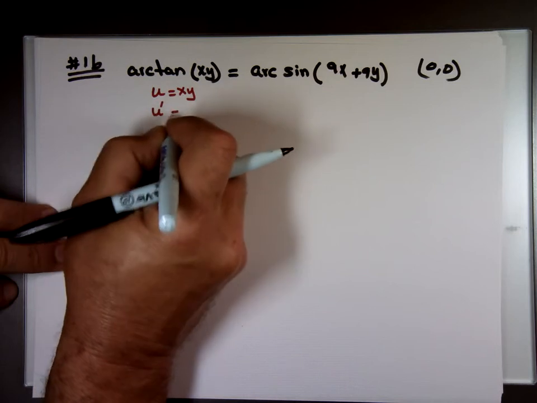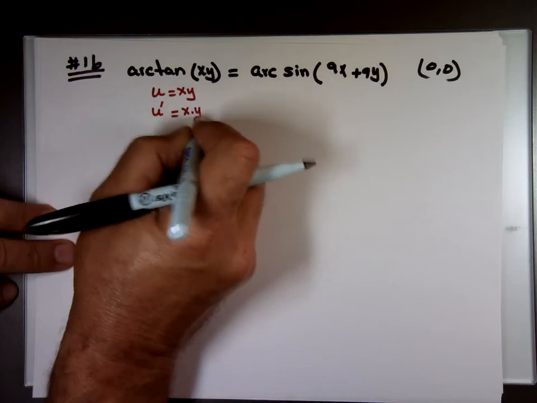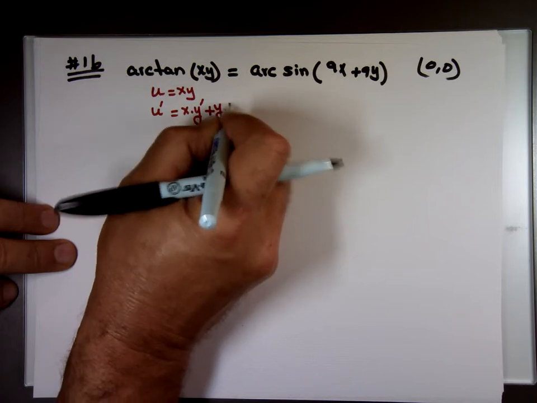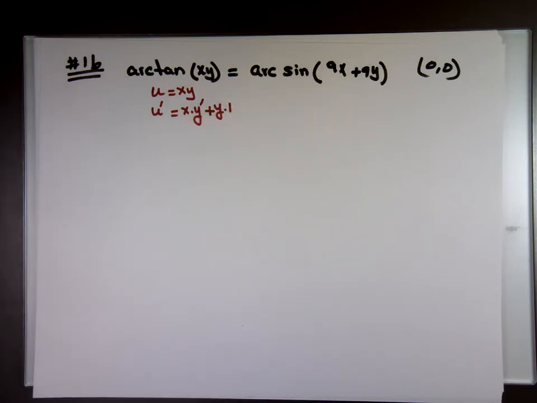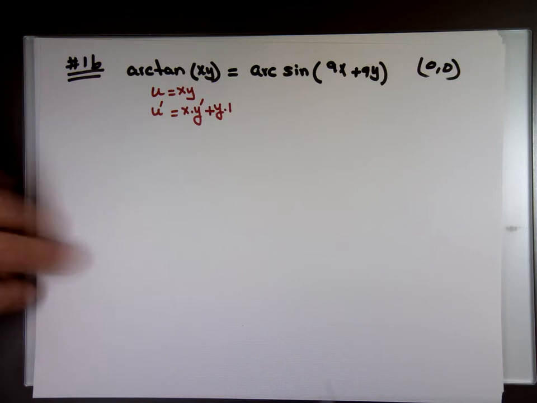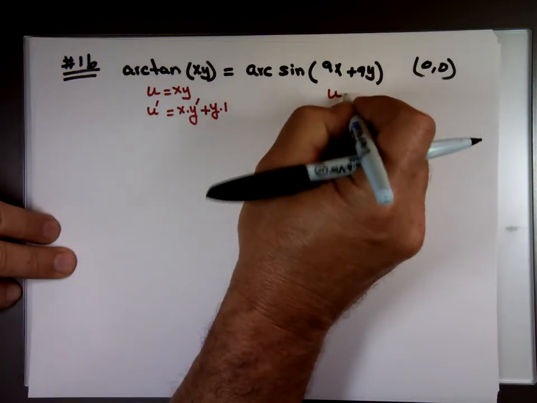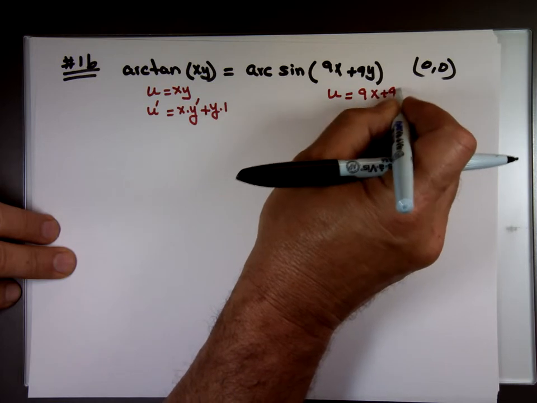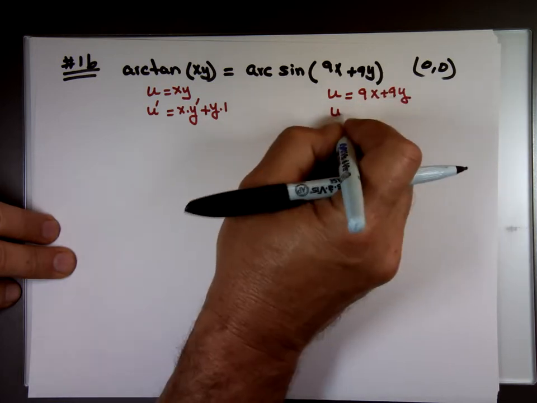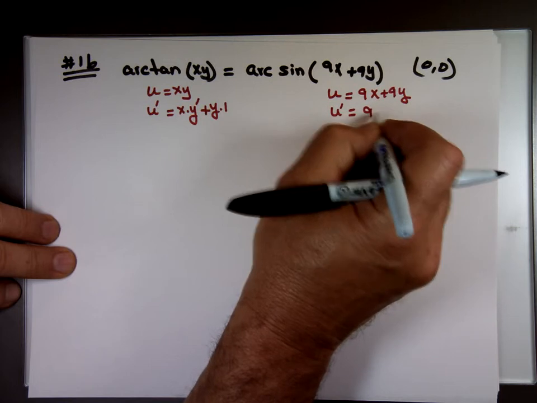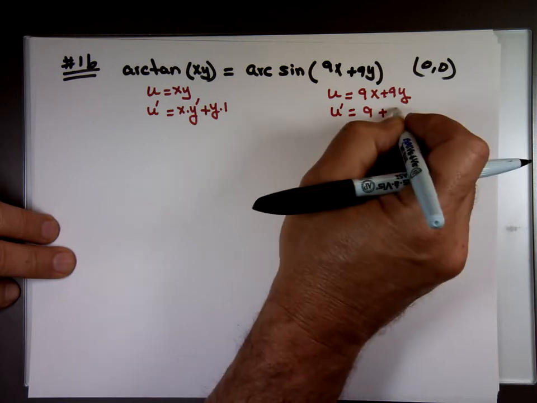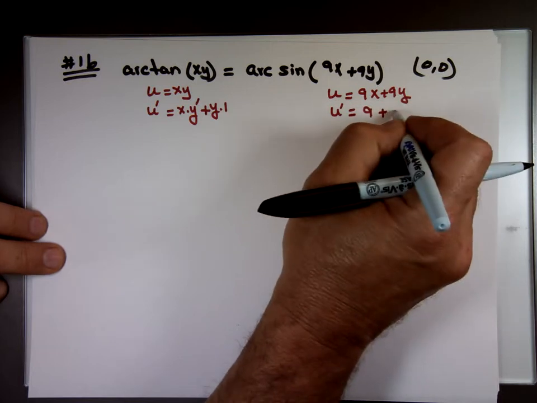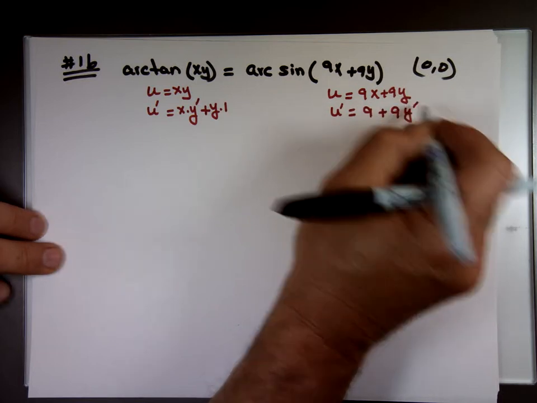X times y prime plus y times 1. For the sine, u is going to be this piece, which is what? 9x plus 9y. What's the derivative of that? 9 plus what? What's the derivative of 9y? Yep, dy dx or y prime.